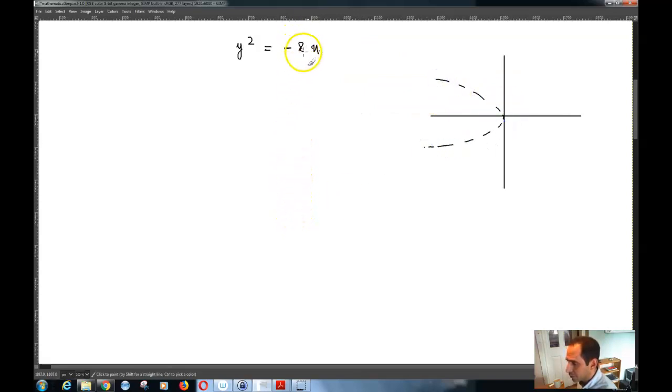The general equation for this would be y squared is equal to negative 4ax. So I can write this as y squared is equal to negative 4 times 2 times x, and that means that my a is equal to 2.